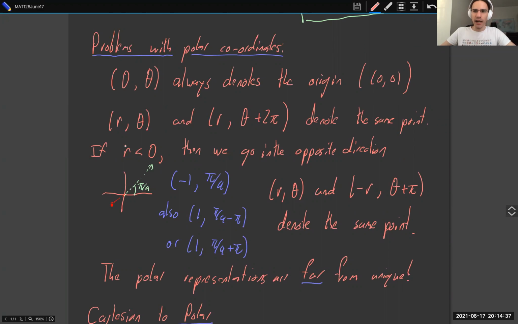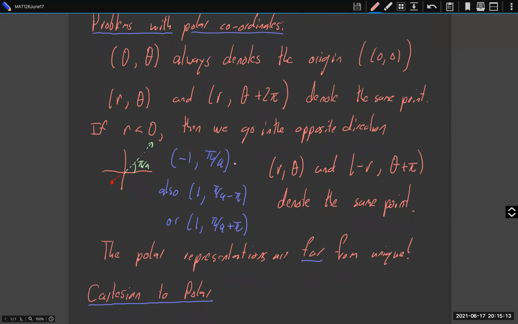I've introduced a new idea, and that's what happens if the radius is negative. Then we just go in the opposite direction. Now, if I just give you a pair, how do you know if it's in polar coordinates or Cartesian coordinates? Well, you have to say explicitly. By default, it's in Cartesian coordinates, but if polar coordinates sometimes come into the picture, then we have to be explicit about which we mean.